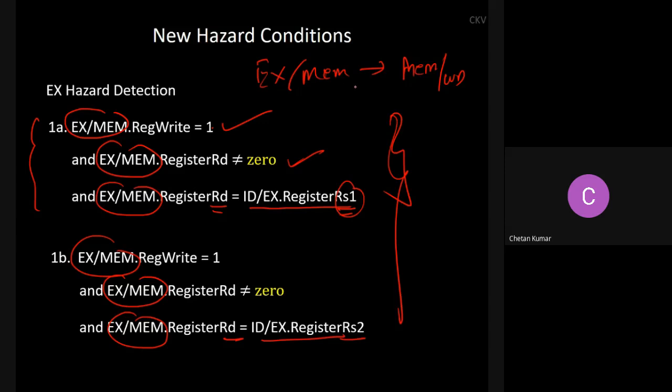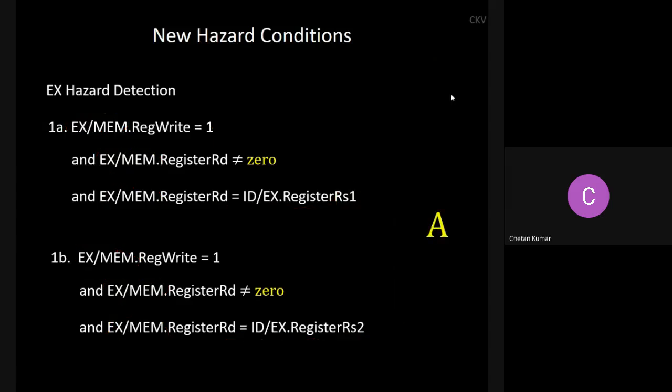The only thing that you have to replace is EX/MEM with MEM/WB. Let me call the EX hazard conditions A. This is important. We'll come to the importance of this a little later.